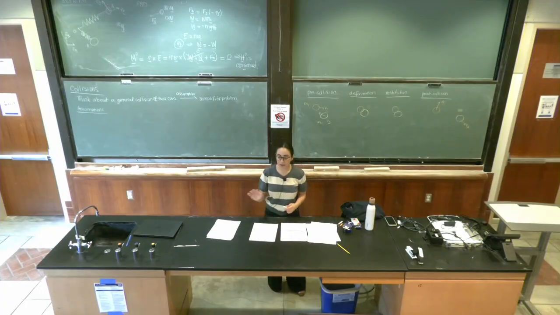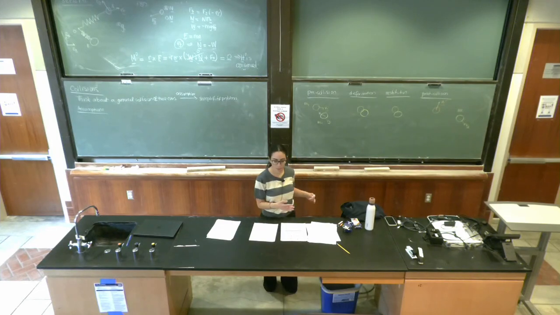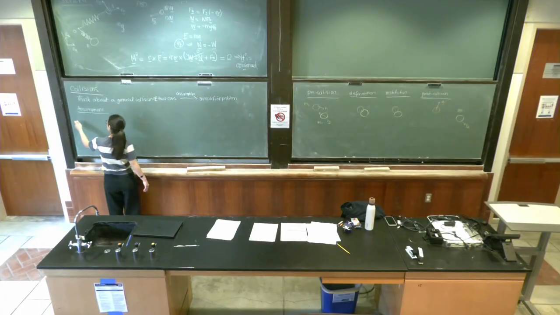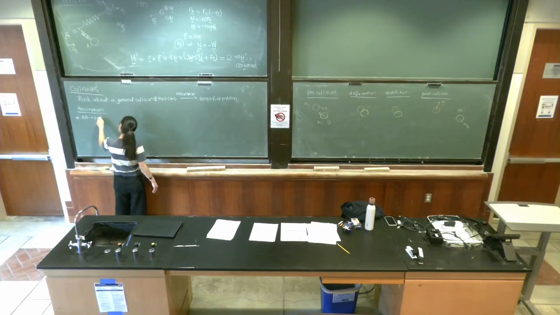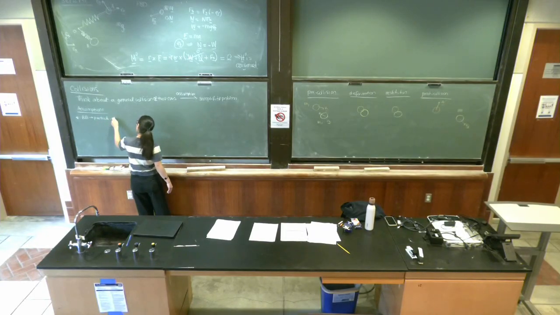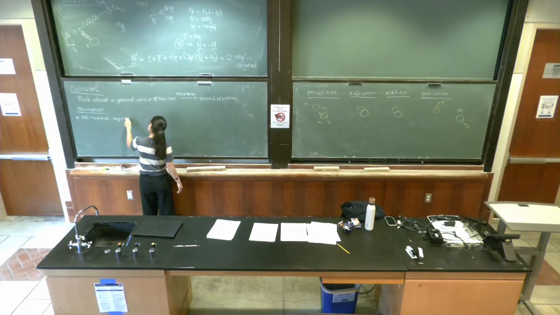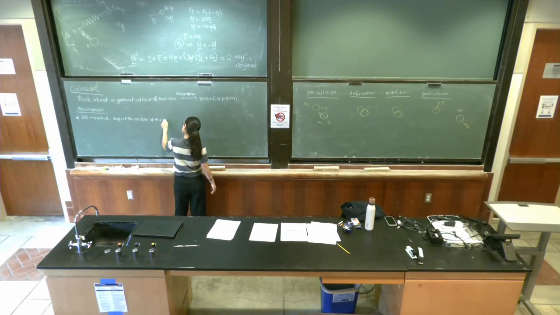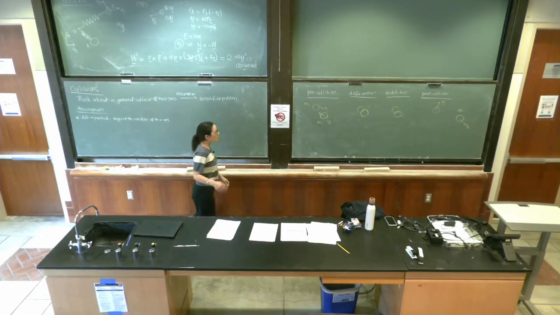First assumption from the get-go, since we're considering the cars to be particles, the first assumption we're making is that if we're going from a rigid body to a particle, what is the assumption we're making? There's no rotation. Okay, very well.